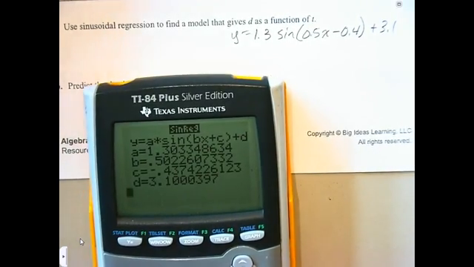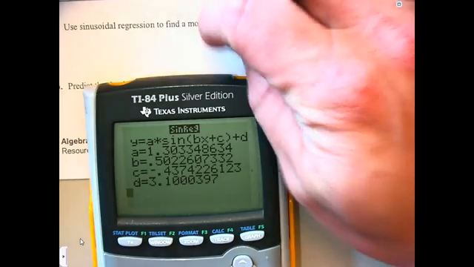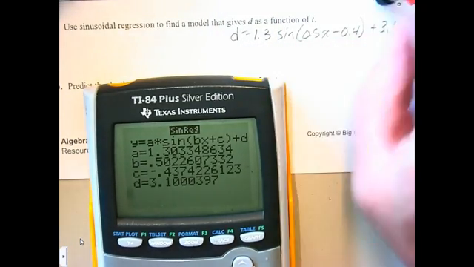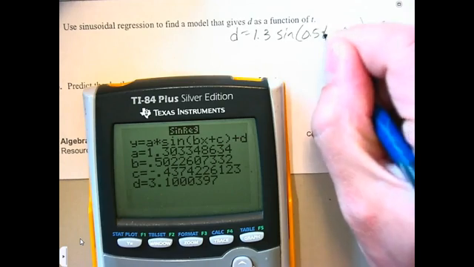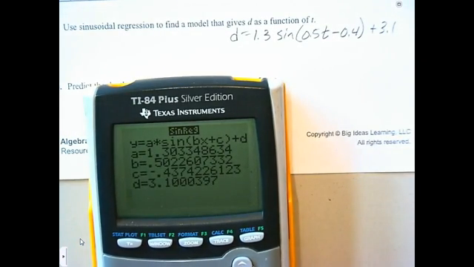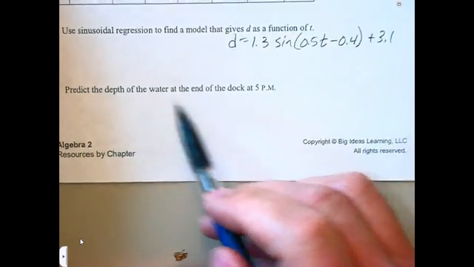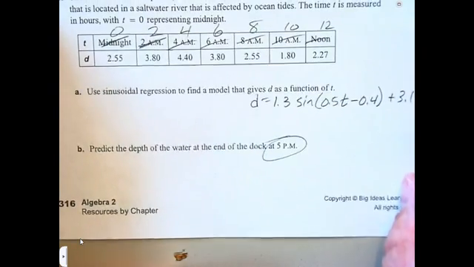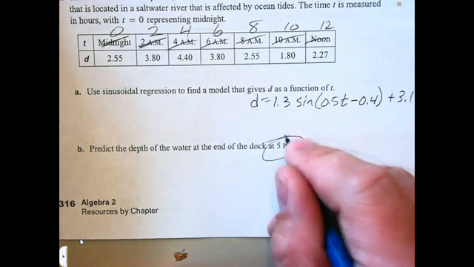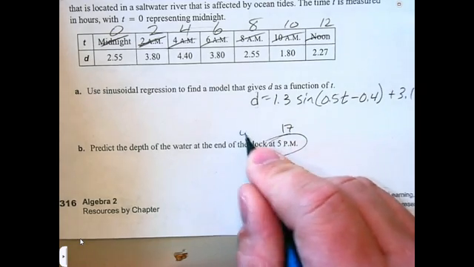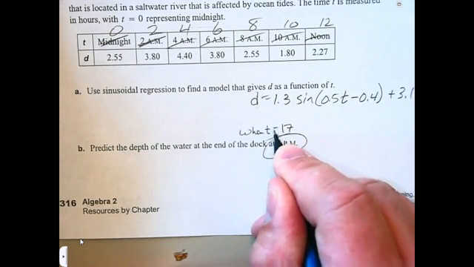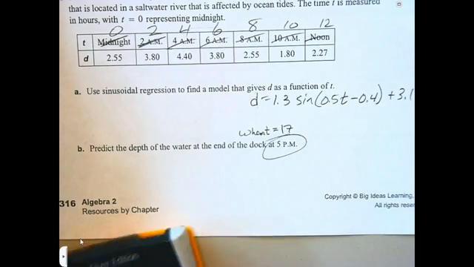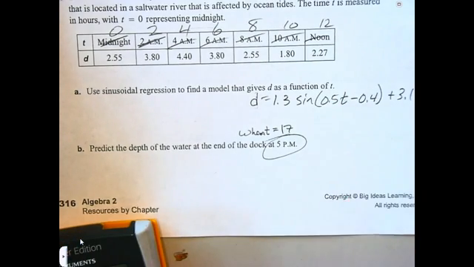Now, we should actually change these because they're saying D as a function of t. And then they ask you to predict the depth of the water at 5 p.m. What time is that in terms of our measuring here? Would that be 17? It would be 17. So when t equals 17, one way to do that is to plug 17 in for t.